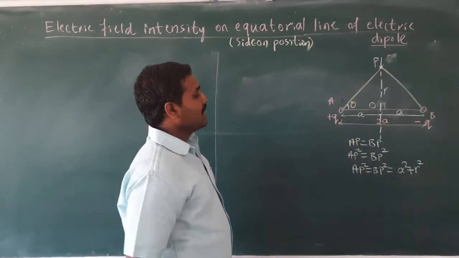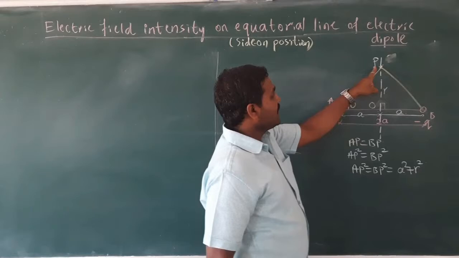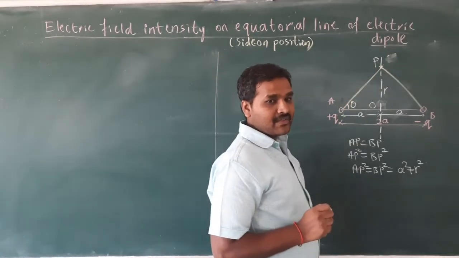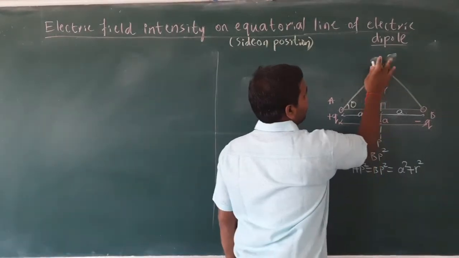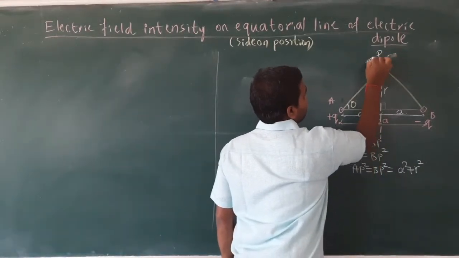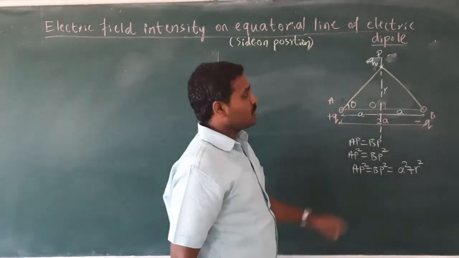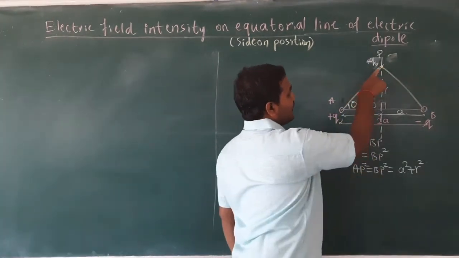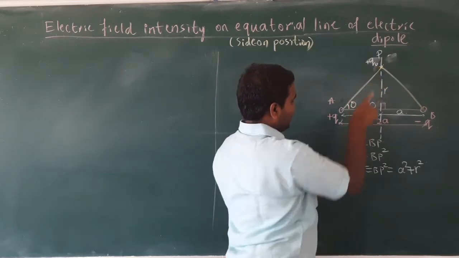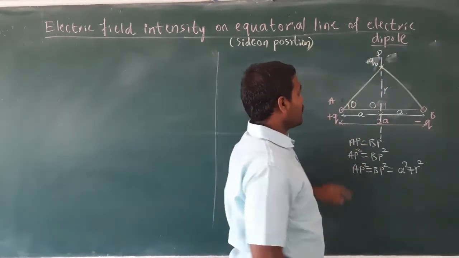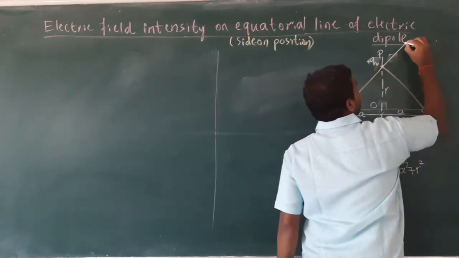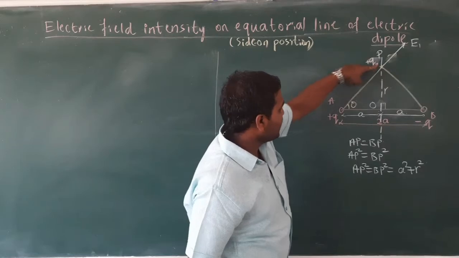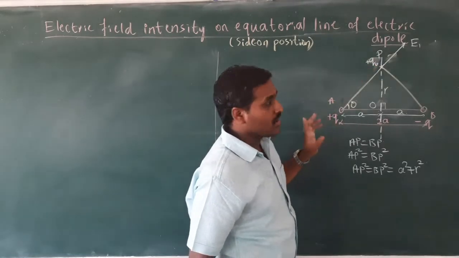Okay, then let us consider electric field intensity at point P. Wherever we are calculating electric field intensity, at that position I consider a small unit net positive charge. So let it be plus Q naught. Then the electric field intensity at point P because of this plus Q charge, I write it as E1. E1 is the electric field intensity at point P because of plus Q charge.